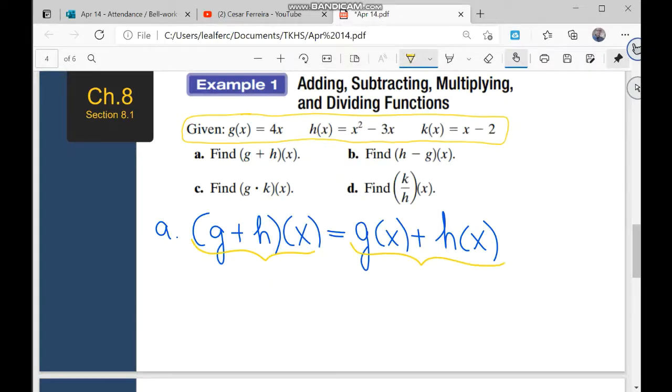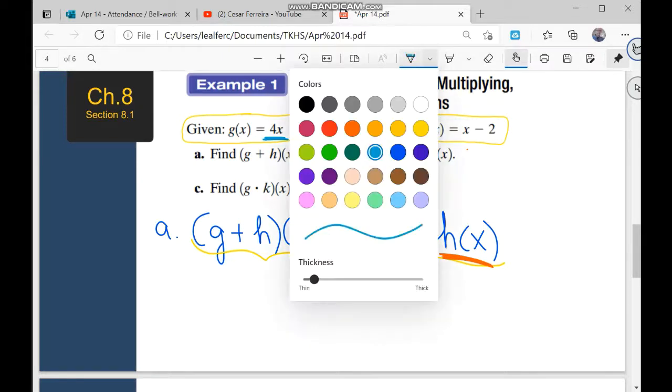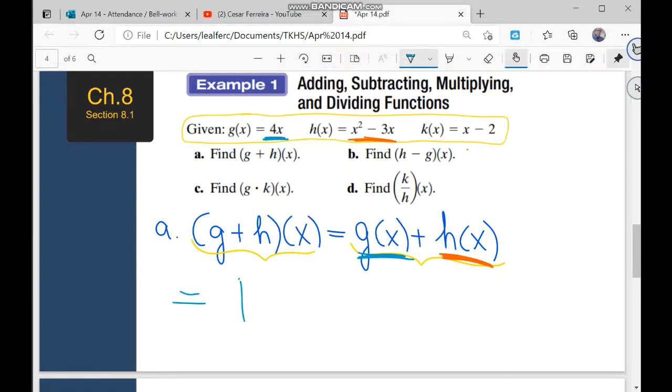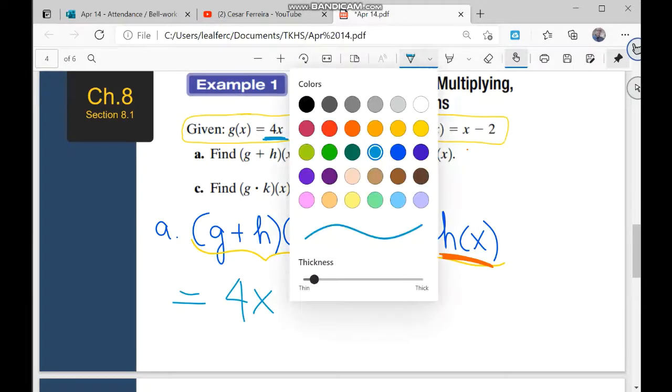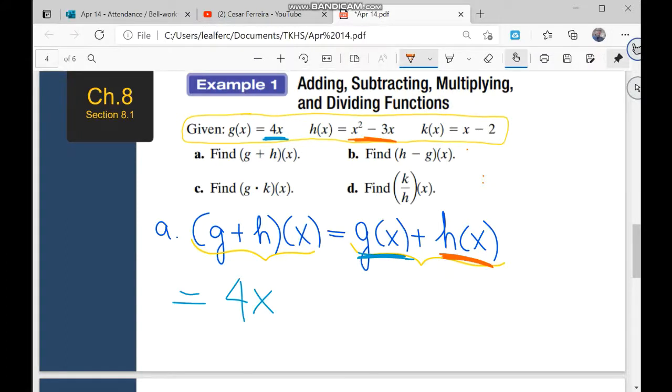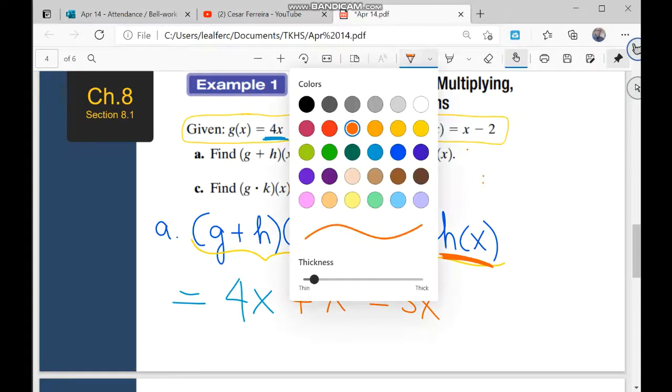Now we have to check the expression, because g of x is 4x and h of x is x squared minus 3x. So let's plug in. Equals 4x plus, and h of x is x squared minus 3x. That's it. Now we have the answer, the result.